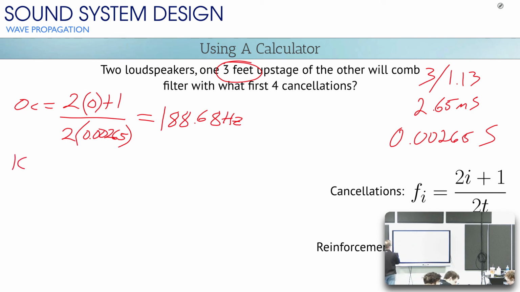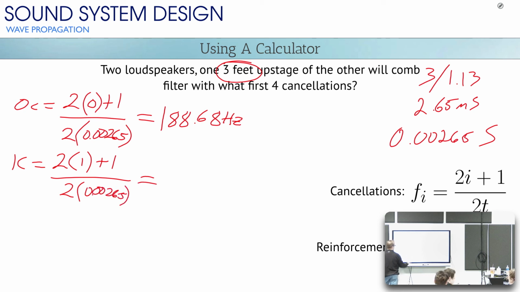That would be 1 for C. So that is going to be 2 times 1 plus 1 divided by 2 times 0.00265. I got 566.04 hertz.